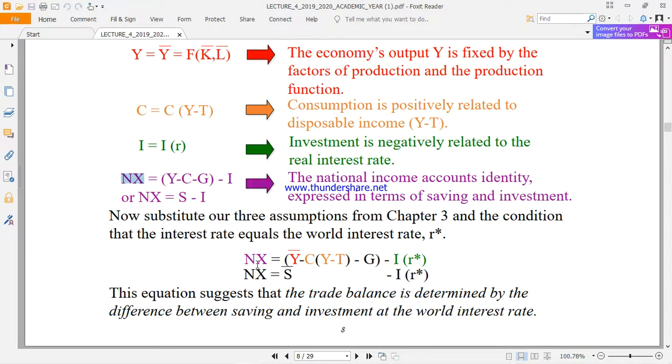So net exports is equal to fixed output minus consumption, which is a linear function of disposable income, then minus government expenditure. So this is domestic savings minus investment. But this level of investment is no longer depending on the domestic rate of interest. Instead, it depends on the global or world rate of interest, that is the r star.